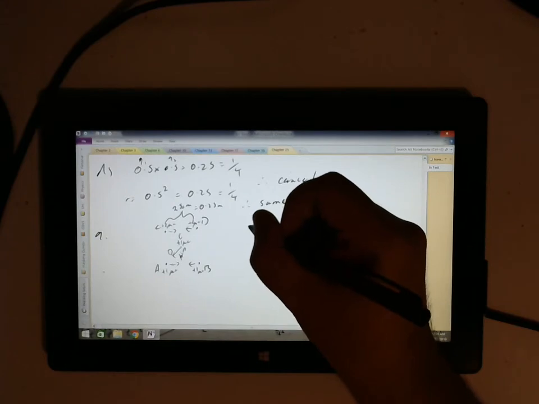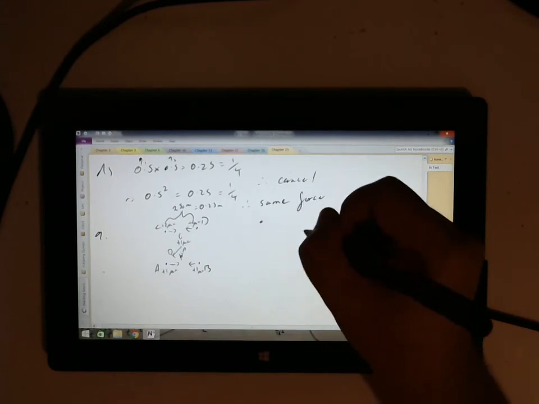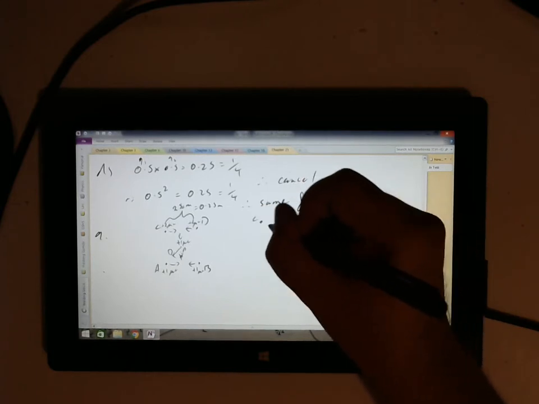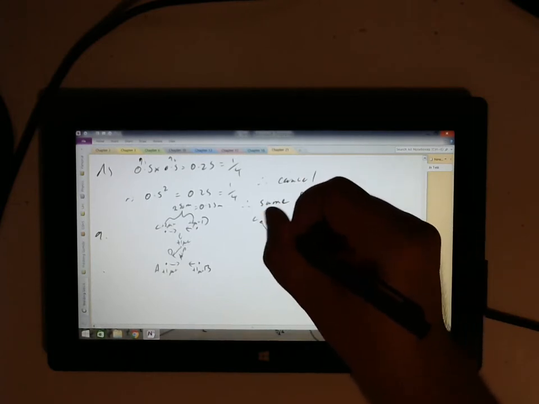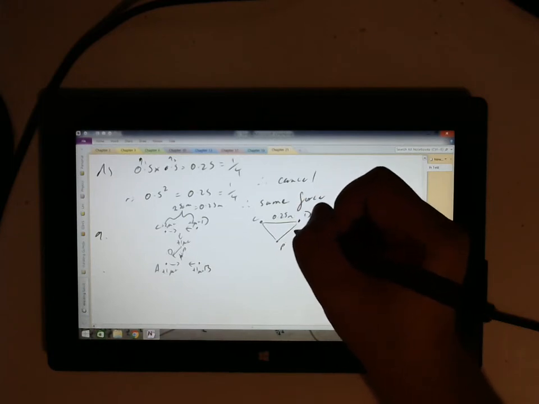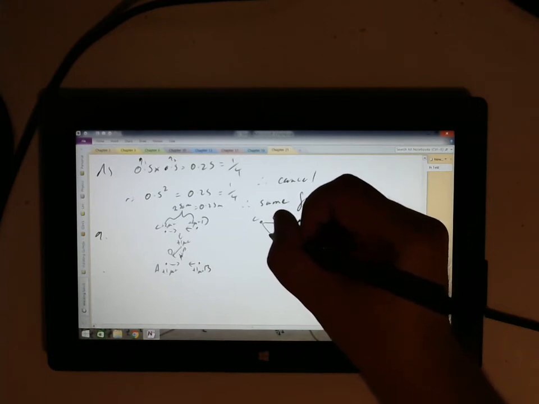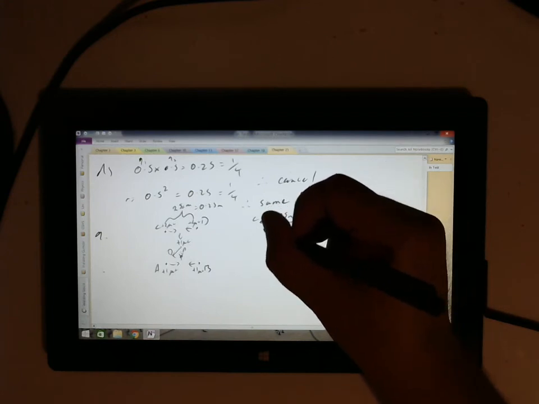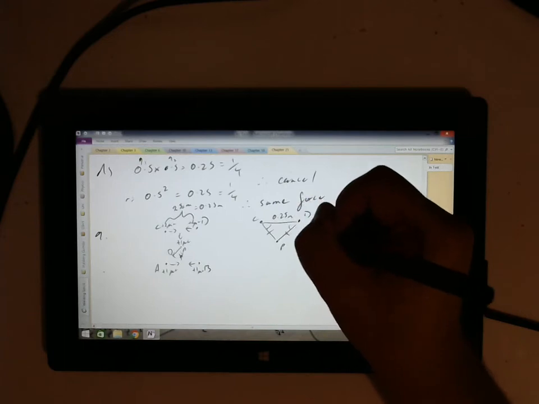So let's just draw C, D and P for the moment. I know that that is 0.25 meters, and because this is a square, the distance from each corner to the middle will be identical. Because it is identical, I know that these angles in here will also be identical.